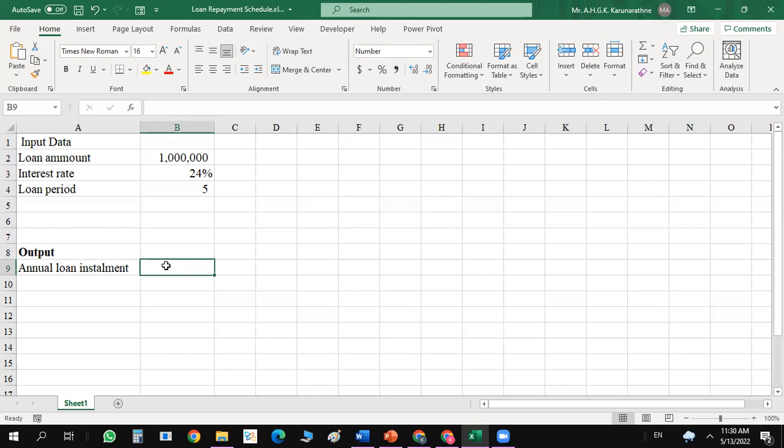Now, using your finance knowledge or financial management knowledge, can anyone tell me how we usually compute the loan installment? Can anyone tell me?